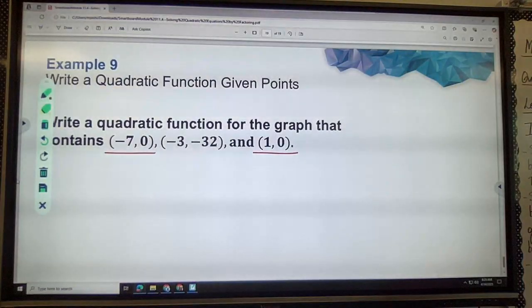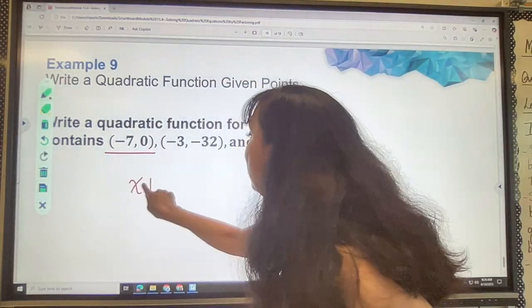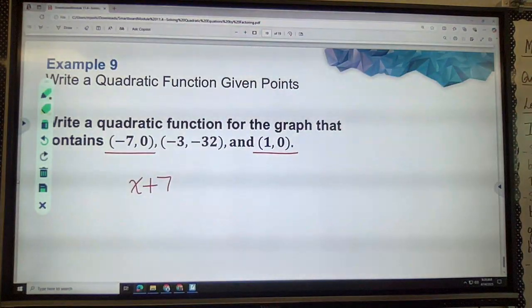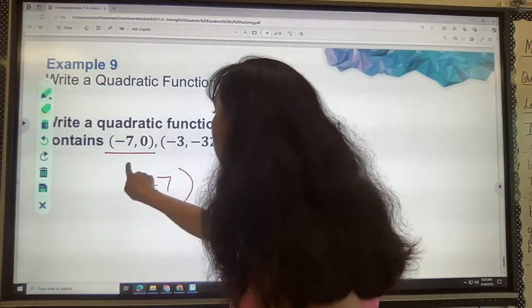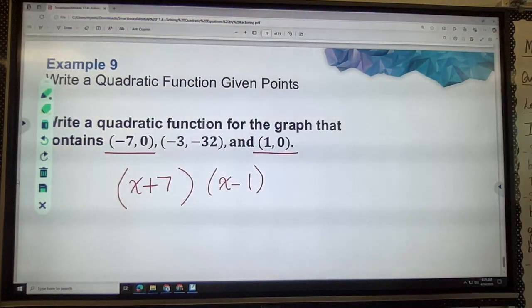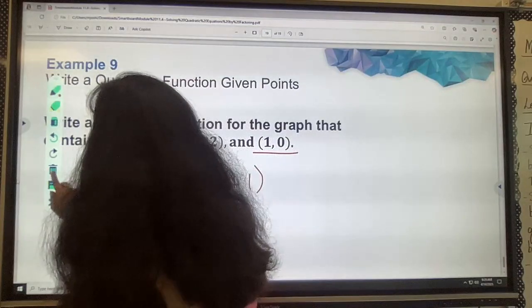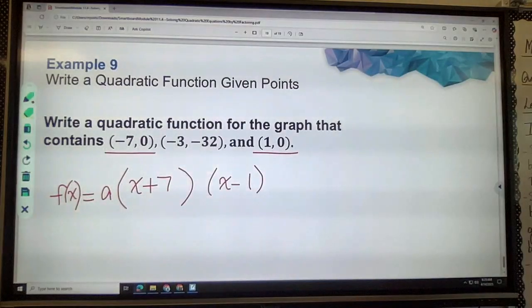So therefore, the factors of this function are x plus 7 and x minus 1, okay? And so therefore, I am going to find the value of a in the related function, which is f of x is equal to this.